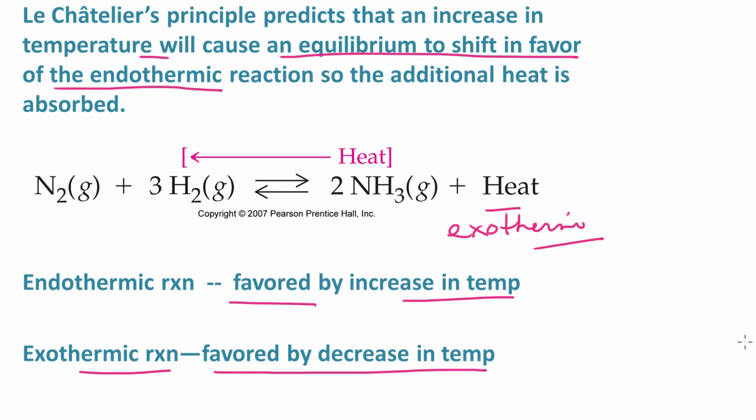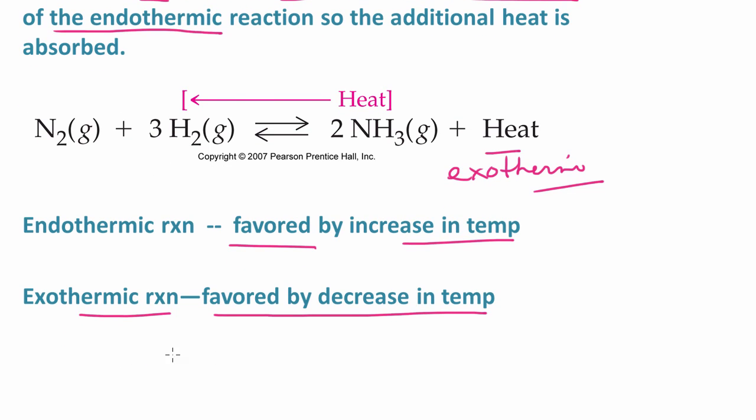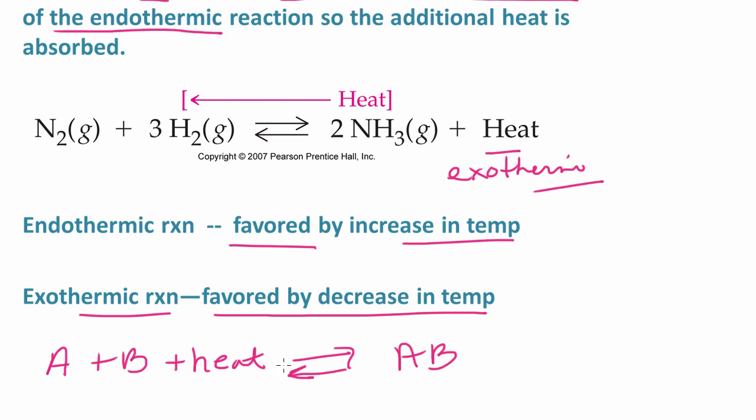If I had an endothermic reaction, and I'll just write a general reaction here. So I have A plus B. Endothermic means that heat would be a reactant. Now, if I were to increase the temperature, again I'm increasing a reactant, it's going to shift to the right to remove that heat.